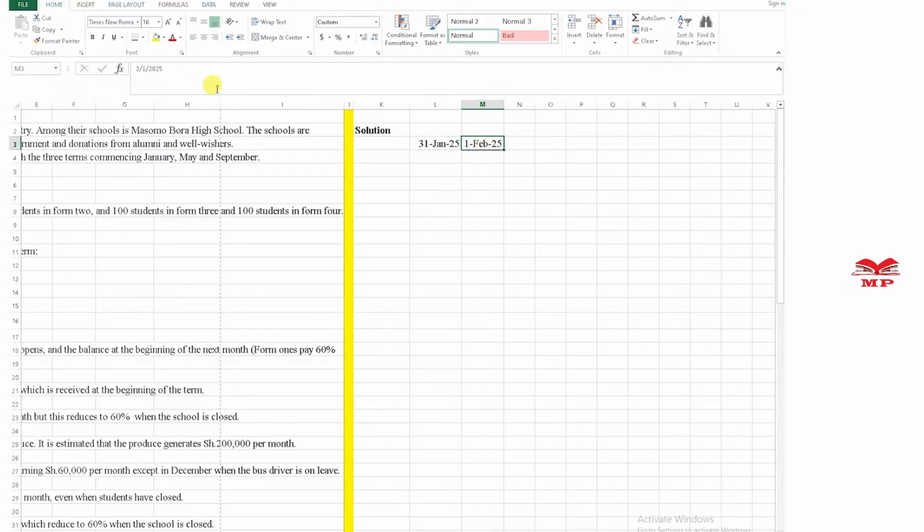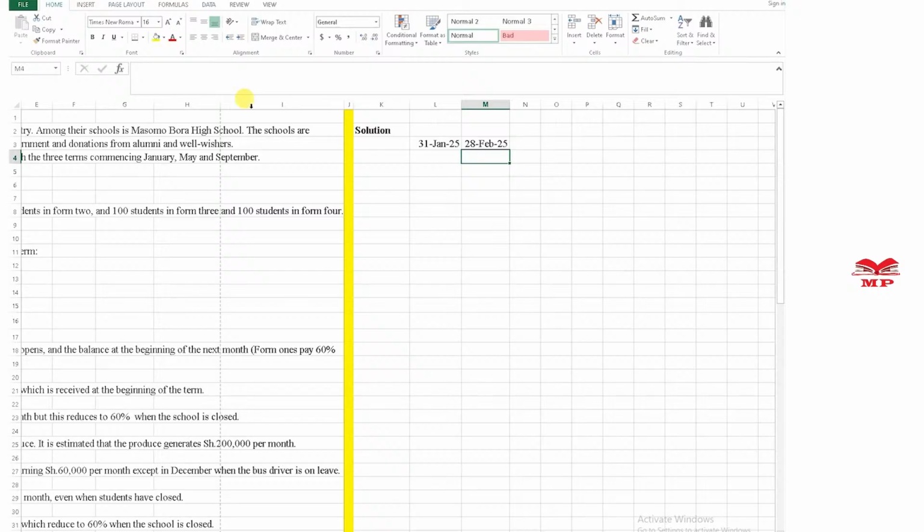Then here we talk about 28 or 29 days 2025. Is 2025 a leap year? How we determine that is 2025 divided by 4. It's not divisible by 4, so just delete that. So talk about 28 Feb 2025.